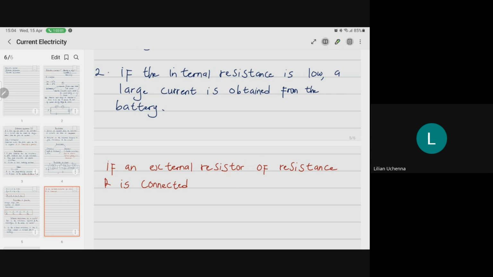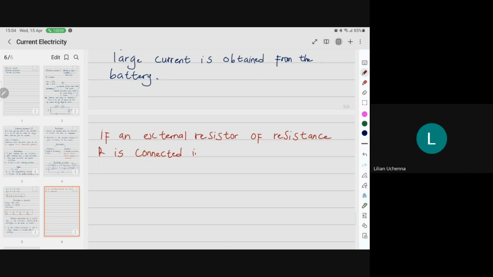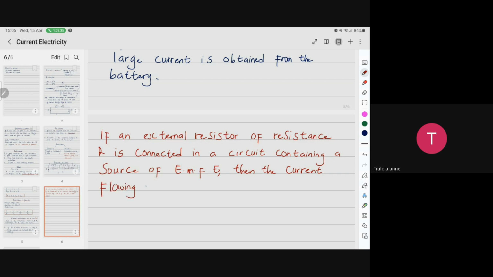If it is connected in a circuit containing a source of EMF, E, then the current flowing will be, take note of this formula.